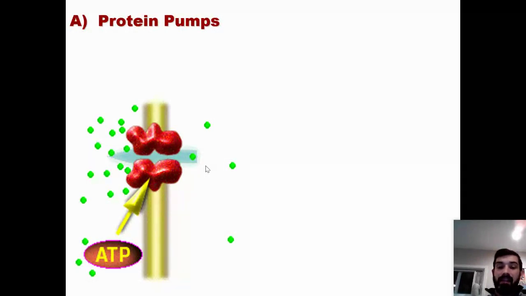You need ATP energy to do that because if this were to naturally diffuse on its own, the area of higher concentration would diffuse this way. So you need a pump and ATP to power it to force them the other way.